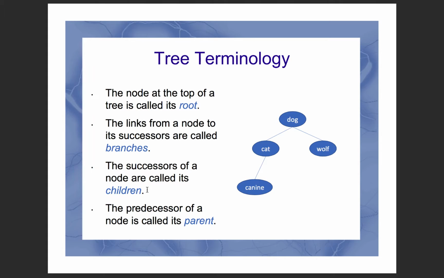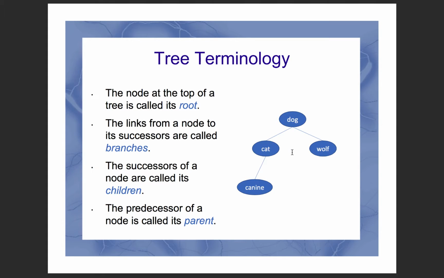Then the successors of a node are called children. If you consider this one, this is a parent node. The predecessor of a node is called the parent node. We know that this is a predecessor and these are successors of this node, so you can call these two the children of this node.